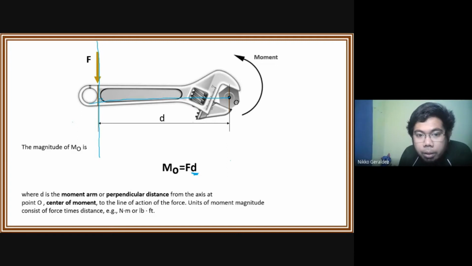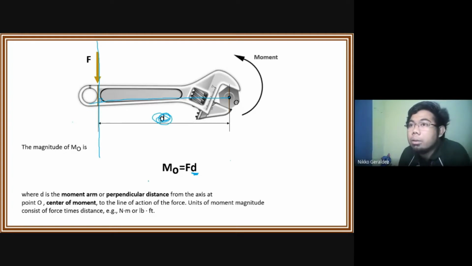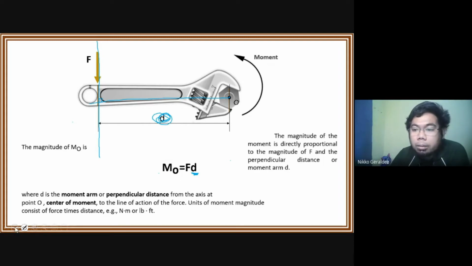So, that is the perpendicular distance. Ayun, that is the moment arm. Laging ganoon: moment is equal to force times perpendicular distance.